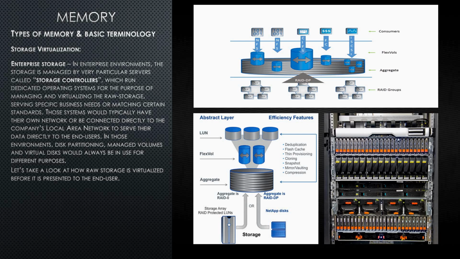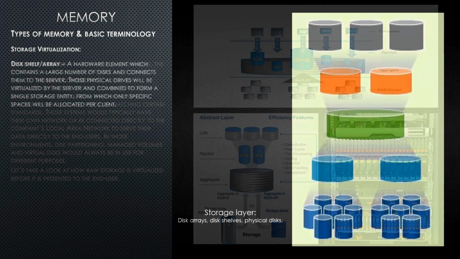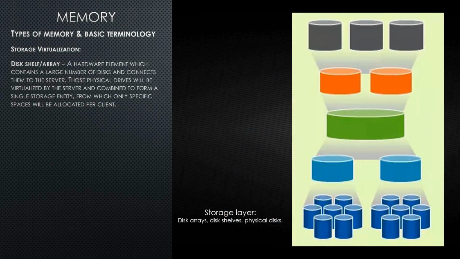Now, in those environments, disk partitioning, managed volumes, and virtual disks would always be in use for different purposes. So let's take a look at how raw storage is virtualized before it is presented to the end user. On the first layer, we have the physical storage devices, which is simply a collection of hard drives or SSDs installed on the same physical element.